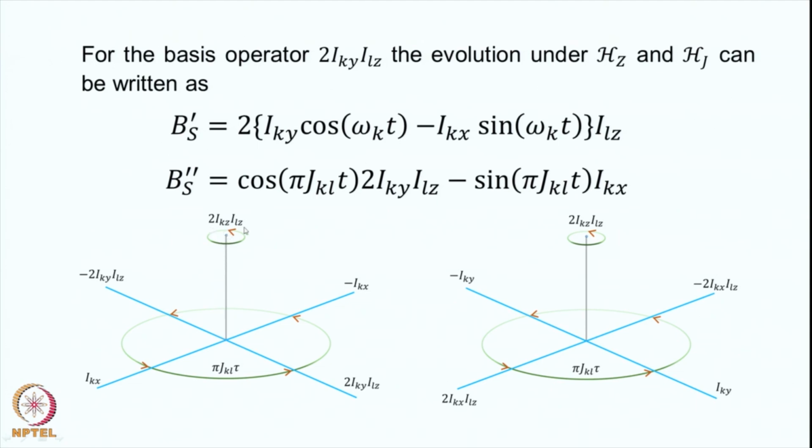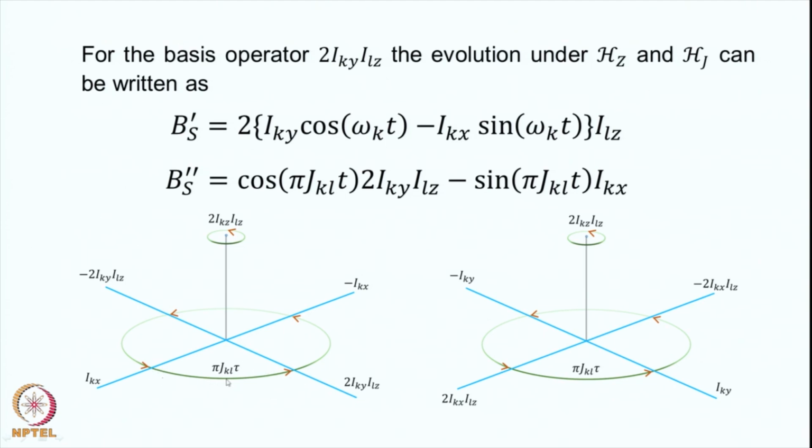So IKZ ILZ, this is the coupling Hamiltonian, and if I take the particular base operator IKX here, then under the influence of this rotation, evolution under this Hamiltonian, it rotates in this manner. When it rotates like this, you generate components of IKX and 2 IKY ILZ.